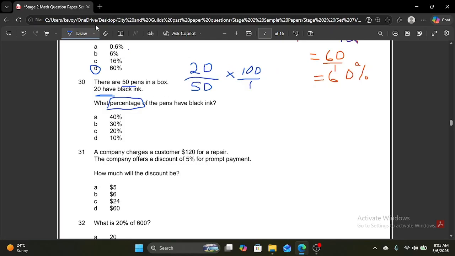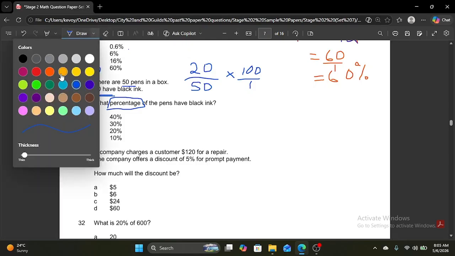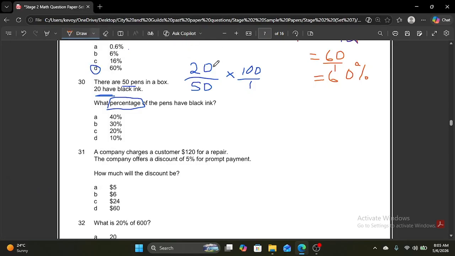Alright, so when multiplying, let me change the color. So that's 20 multiplied by 100 and 50 multiplied by 1. So 20 times 100 will be 2000, so 2000 over 50 times 1, which is just 50.